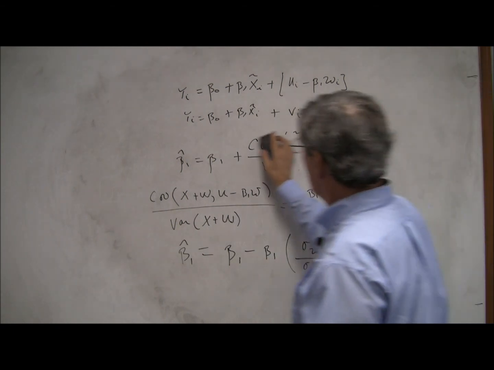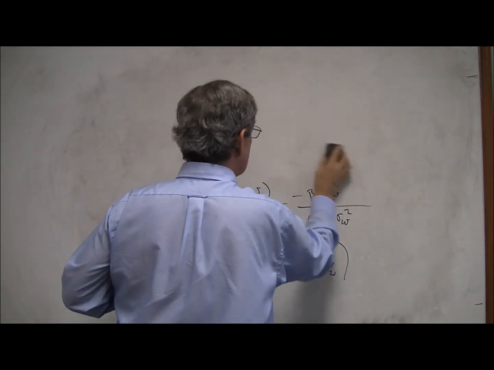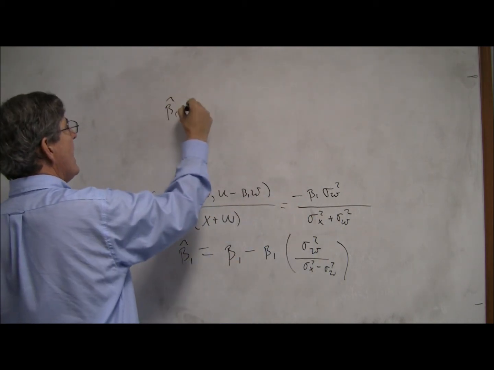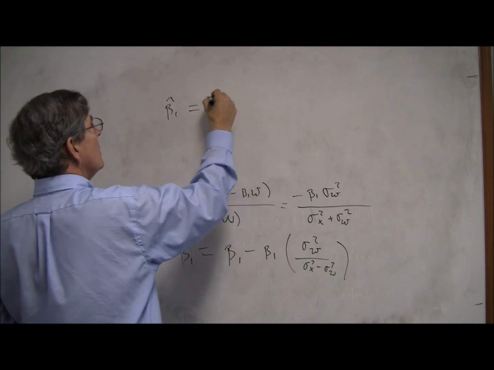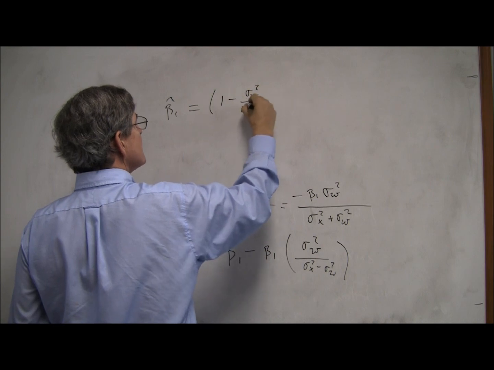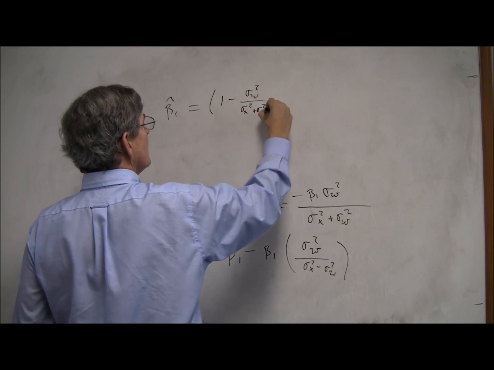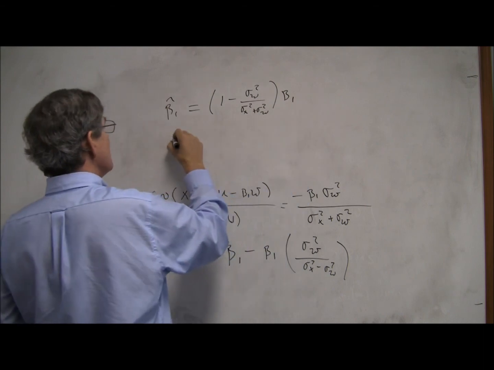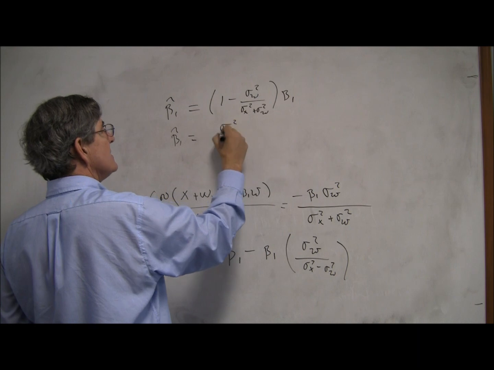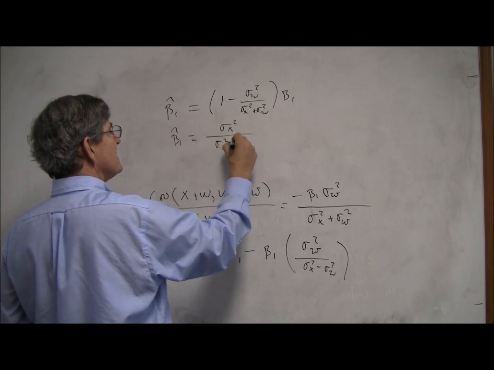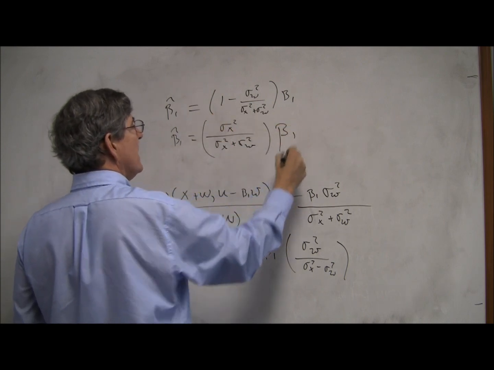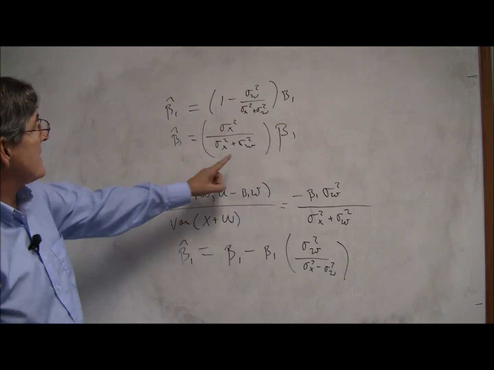And so if I just combine the beta 1s, beta 1 hat converges to 1 minus sigma squared w over sigma squared x plus sigma squared w times beta 1. So beta 1 hat goes to sigma squared x over sigma squared x plus sigma squared w times beta 1. So that's the bias, right?